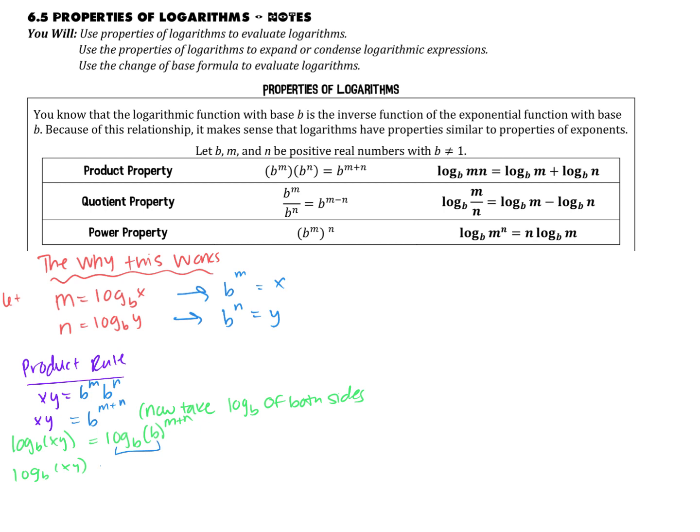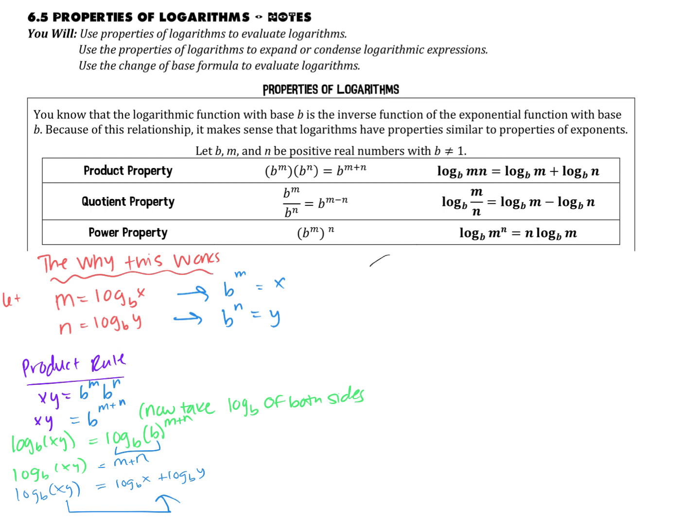Log base b of b is just equal to 1. So this is going to become m plus n. And what were m and n? M was log base b of x, and n was log base b of y. So we have now proven that this property works, that multiplication can be expanded out into addition.